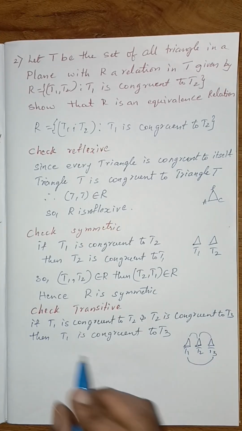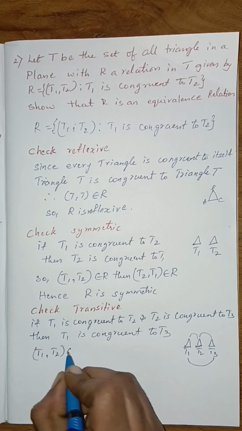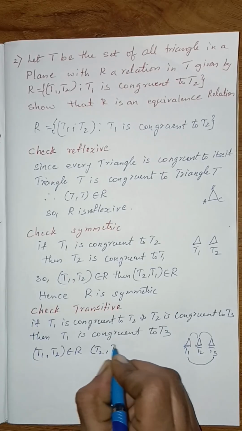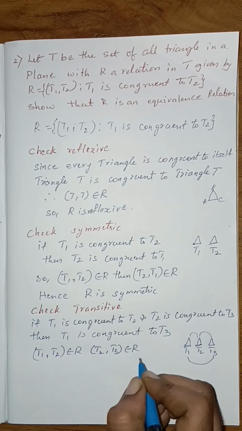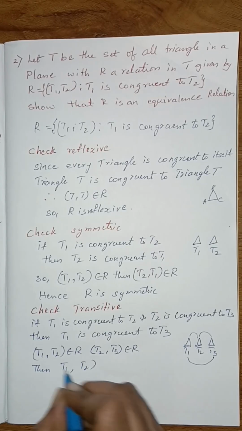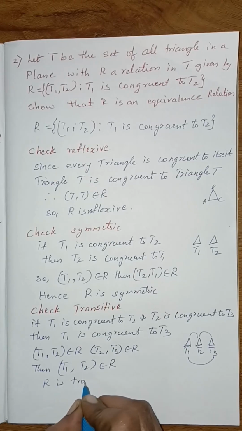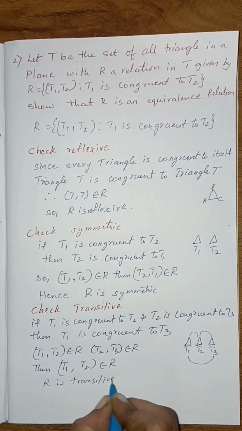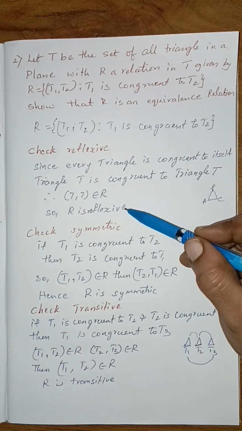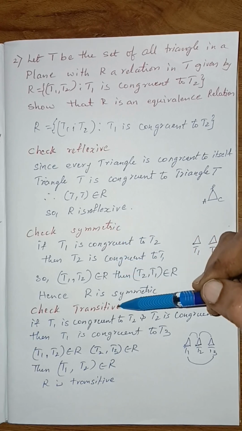So we can write this as: T1, T2 belongs to R, and even T2, T3 belongs to R. Then obviously T1, T2 belongs to R. So R is transitive. So we have satisfied reflexive, symmetric and transitive.